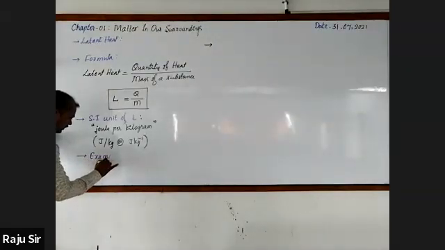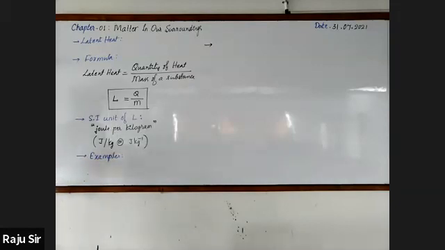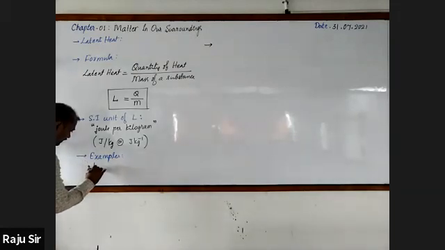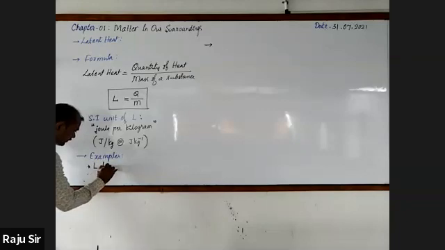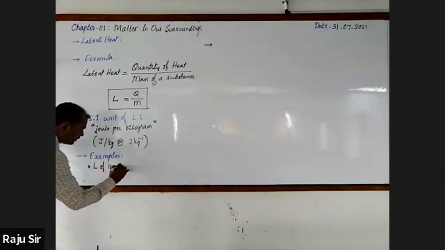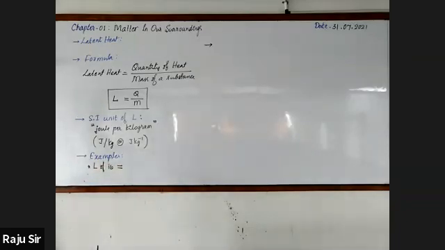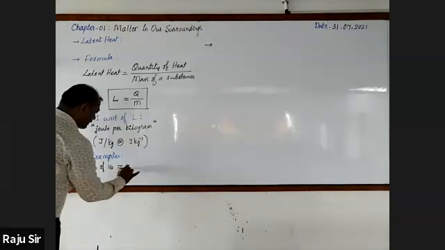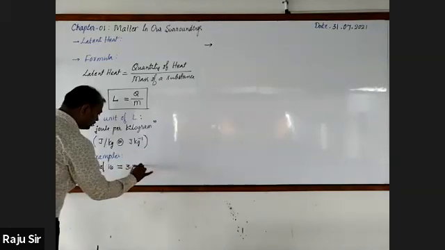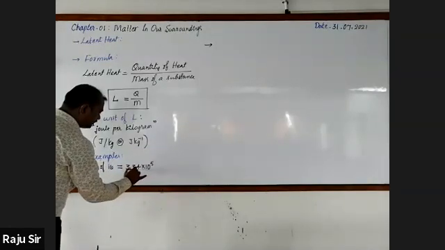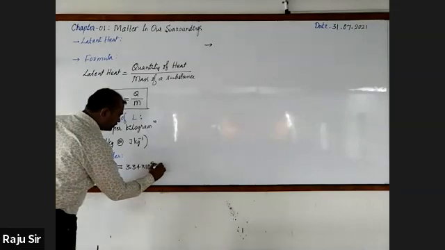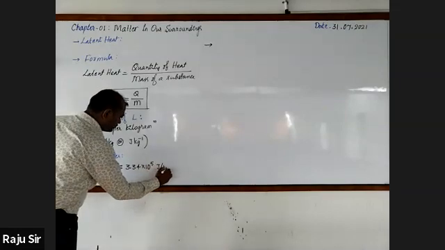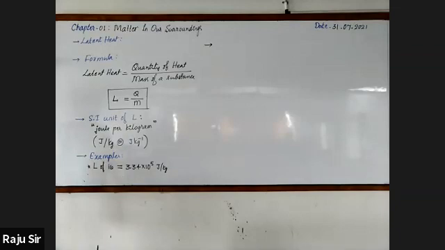Examples of latent heat. The first one, latent heat of ice, is 3.34 into 10 raised to the power 5 joule per kilogram.